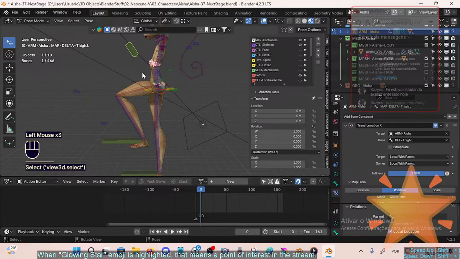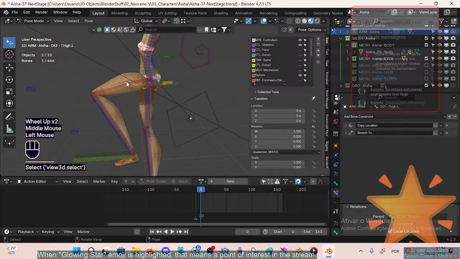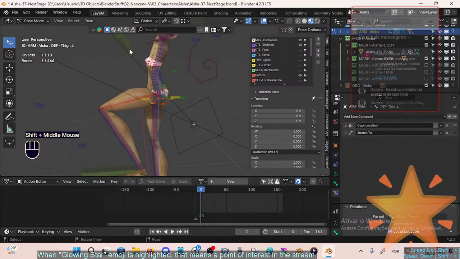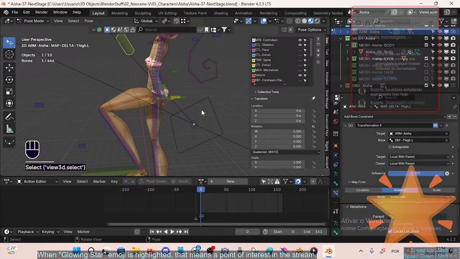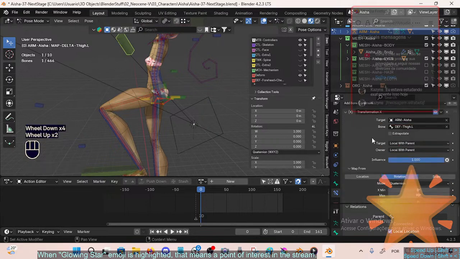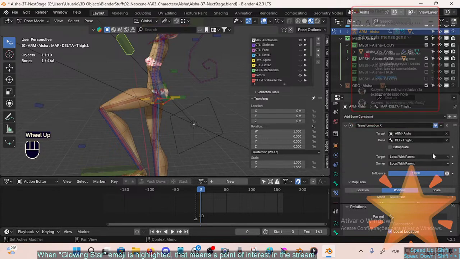But if I want to map the rotation transforms of the type from this other bone, which has nothing to do with all that, it's just a mapper mechanism bone, whatever.